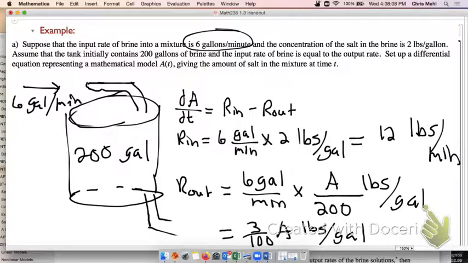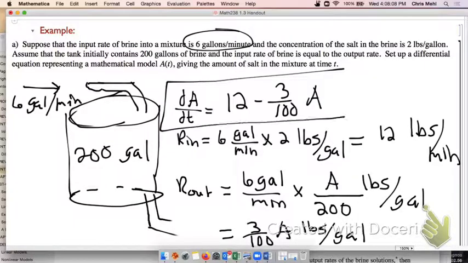So that means the differential equation is the difference between those rates of inflow and outflow. So the differential equation would be 12 minus 3/100 times A. So there would be your differential equation in that case.